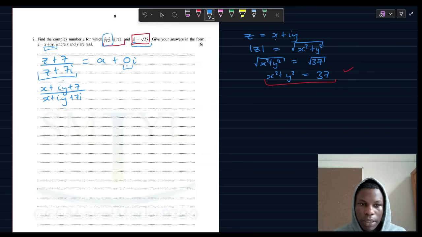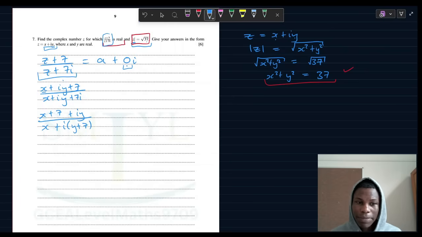So the top part, we just combine the real parts, that's x + 7, that's your real part, and then you've got your imaginary part, iy. And on the bottom, your real part is just the x, and then your imaginary part is going to be iy + 7i. So let's factor out the i, and so that's y + 7.